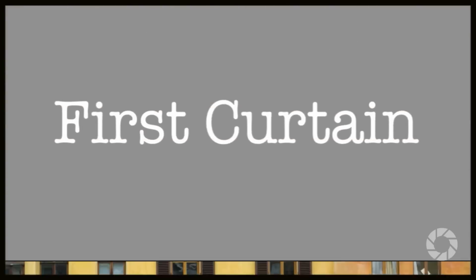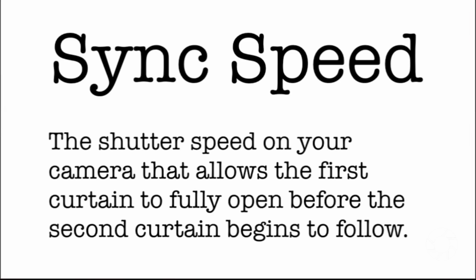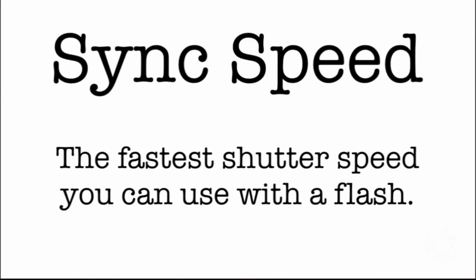Notice in this animation that the shutter is never fully open. It just reveals a slit of light as it travels across the sensor, and the slit becomes smaller as the shutter speed increases. Sync speed is the shutter speed on your camera that allows the first curtain to fully open before the second curtain begins to follow. In other words, it's the fastest shutter speed you can use with a flash.